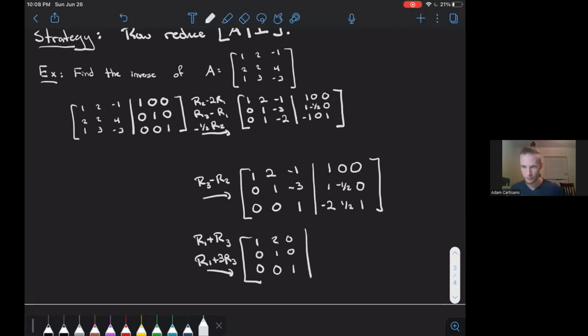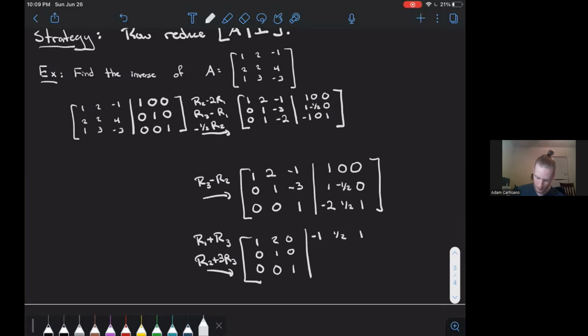Okay, now I got to do some serious work. Okay, take 3 times row 3. Oh, should be row 2. That's very important. Okay, take 1 times row 3 and add it to row 1. So 1 minus 2 is negative 1, 1/2, 1. Then take 3 times row 3 and add it to row 2.